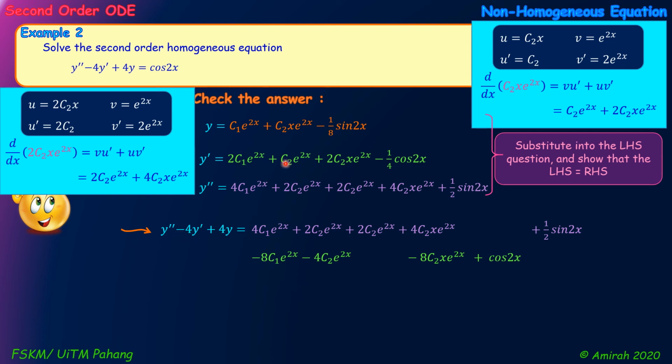Negative 4 times C1 here, we get negative 4C1, negative 4 times C2 here, we get negative 4C2. Negative 4 times 2C2, we get negative 8C2. Negative 4 times negative 1 over 4, we get positive 1 cos 2x.